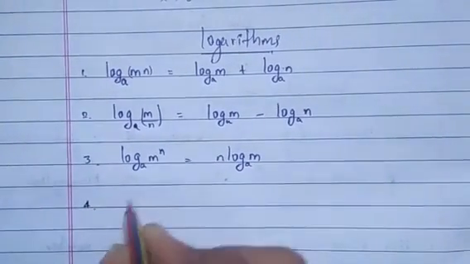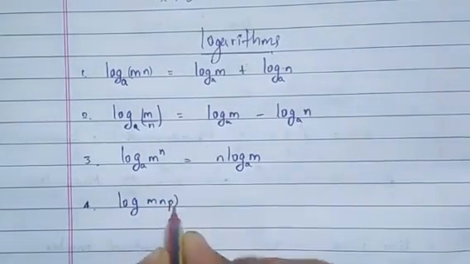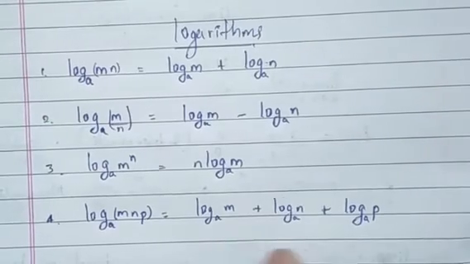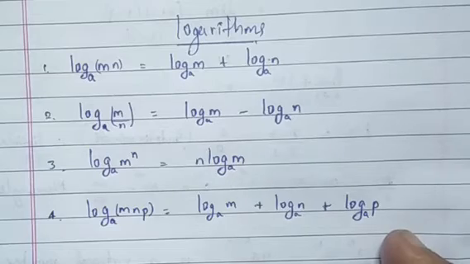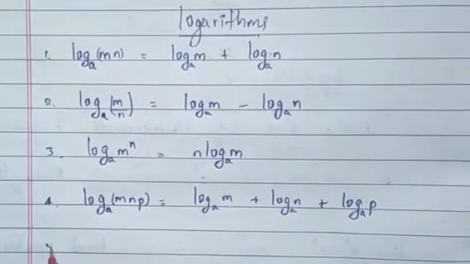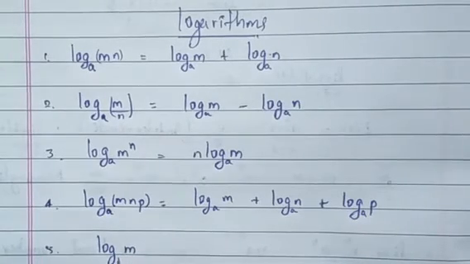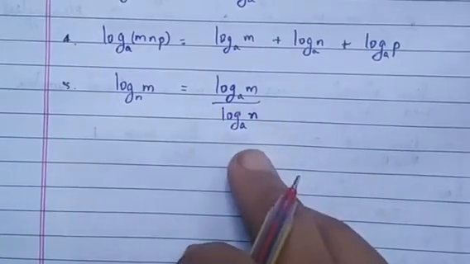And fourth one is log mnp to the base a which is equal to log m base a plus log n base a plus log p base a. And fifth one is log m base n which is equal to log m base a over log n base a.